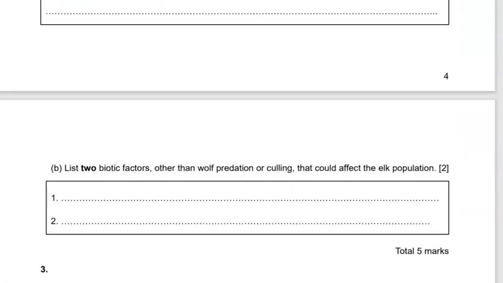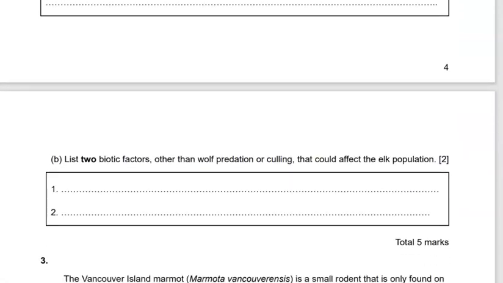This is the last part of this question, in which we're being asked to give 2 biotic factors, so 2 aspects of the living interaction in the population other than wolf predation or culling that would affect the elk population. So what we're looking for are biological reasons why the elk population might go up or down.